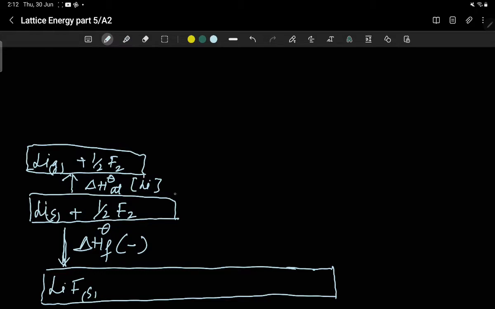And delta H atomization is always positive, endothermic. Then delta H of atomization of fluorine, which is also positive, and it is equal to half of delta H bond energy.